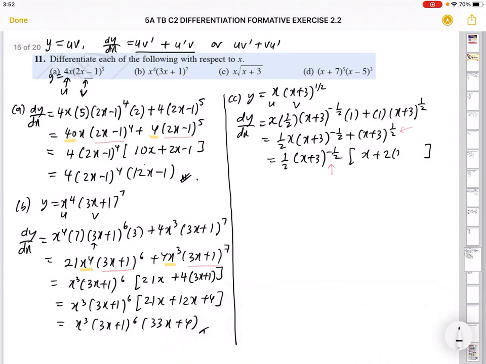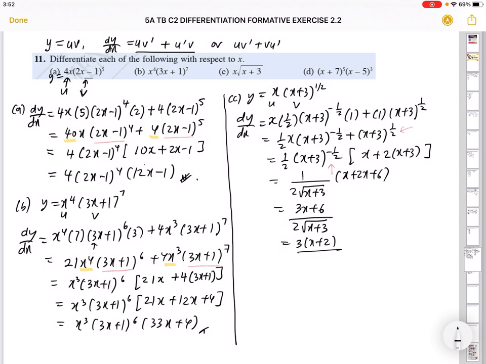So this will be 1 over 2 with the square root. Remember, power negative half is square root. And this will be just x plus 2, x plus 6. When you add up, this will be 3x plus 6 over 2 square root x plus 3. If you want, you can factorize one more step. Take out 3, x plus 2, over 2 root x plus 3.